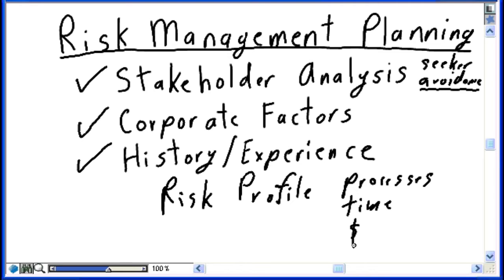You can build the appropriate financial allocations, the appropriate dollars into your overall project plan to ensure that you're treating risks consistent with how the project wishes risks to be treated: risk seeking, deal with risks as they come up, or risk avoidance, ensuring that strategies are in place to mitigate and eliminate all risks before they're encountered in a project delivery situation.